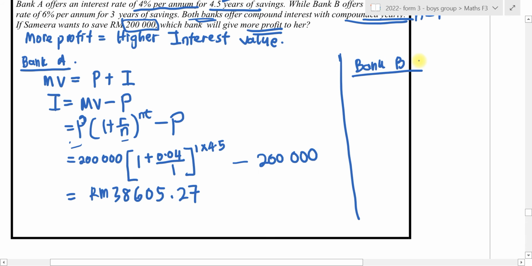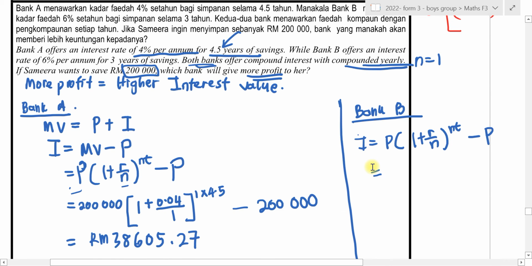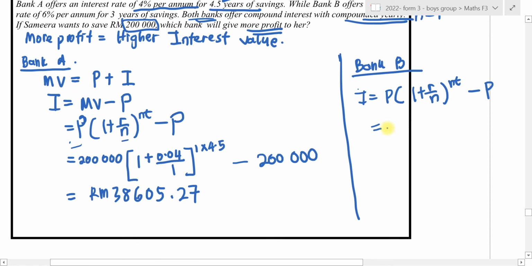Okay, for bank B, we're going to calculate the same thing. So your I is equal to P, I just write the formula first, (1 plus R over N) to the power NT, minus the P. Then we substitute everything here. Your principal is the same, 200,000.